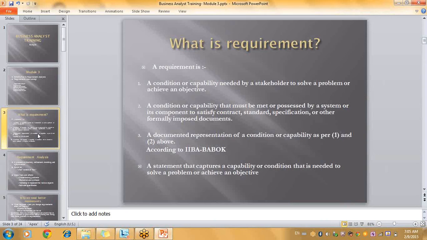So that is a capability I am giving, a capability which my requirement has, which I am giving to the customers to do online shopping via my website, right? The problem that I'm trying to solve is a business problem.